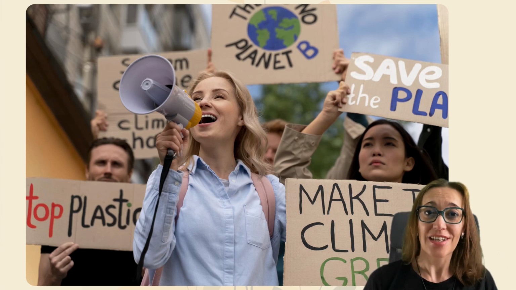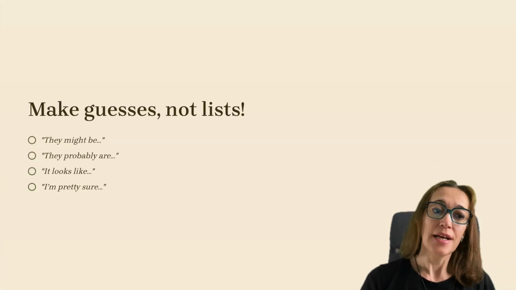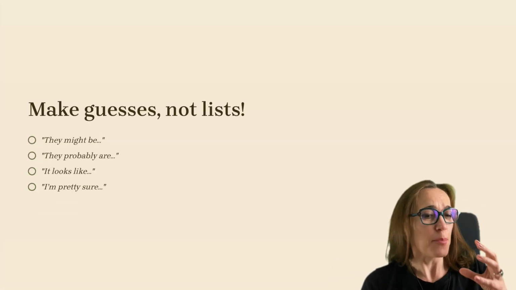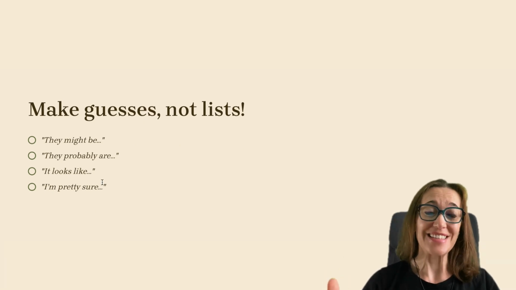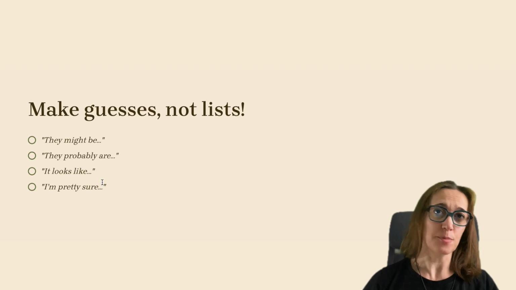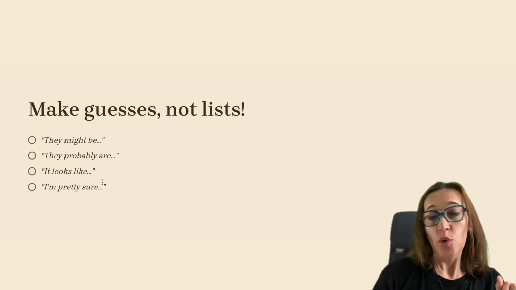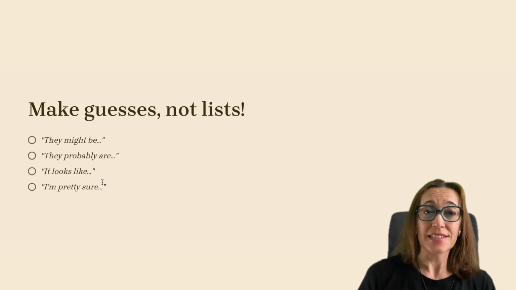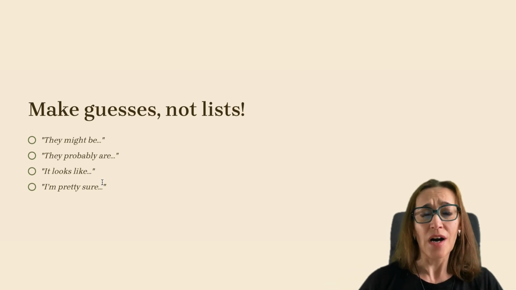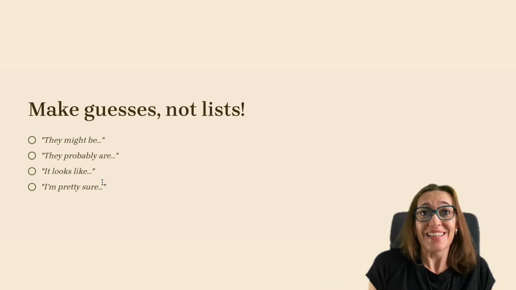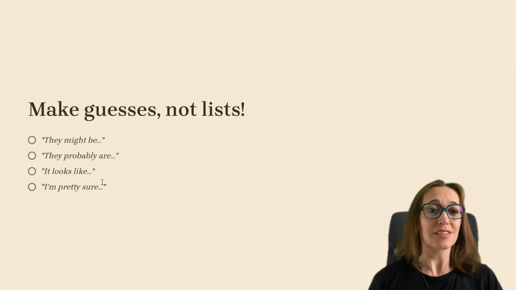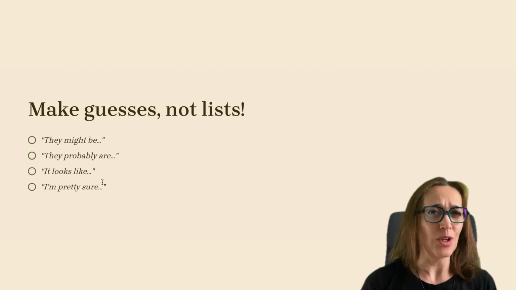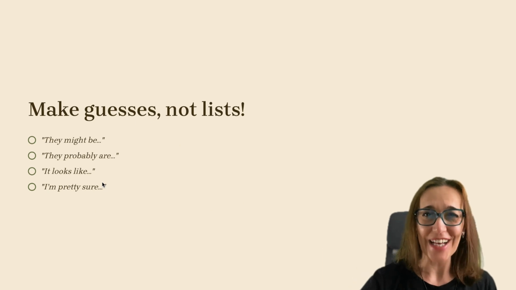Well, expressions like these ones. They might be, they could be, they probably are, it looks like, I'm pretty sure. Well, these kinds of phrases and expressions. Because first, we will go beyond the obvious. And secondly, we don't know everything that's happening in the picture, and that's normal. So make guesses. This is what good B1 level speakers do. And besides, you will show that you know.